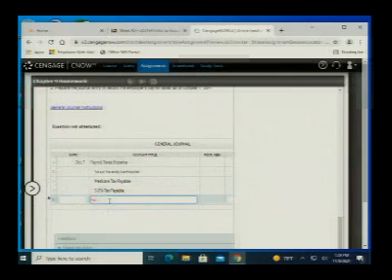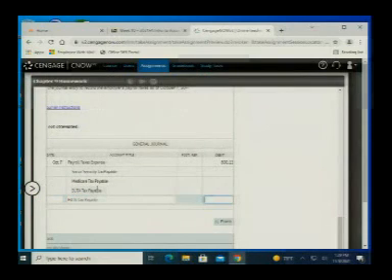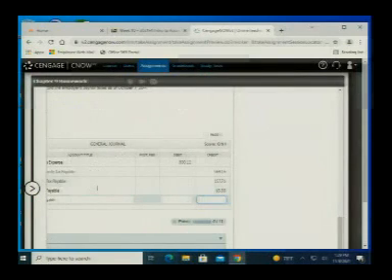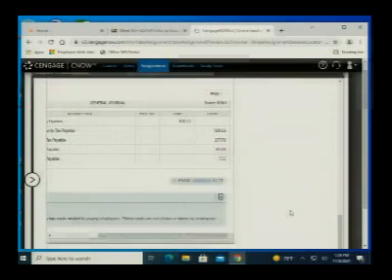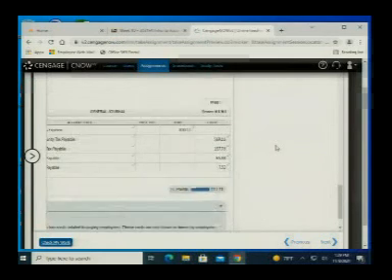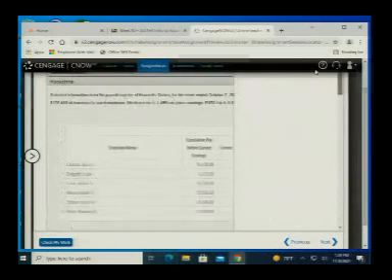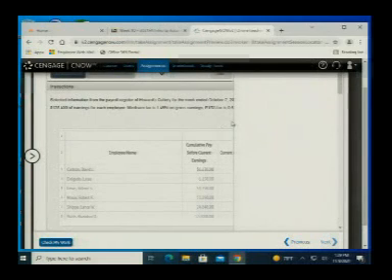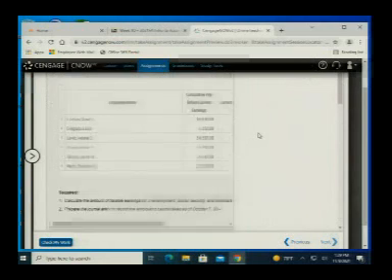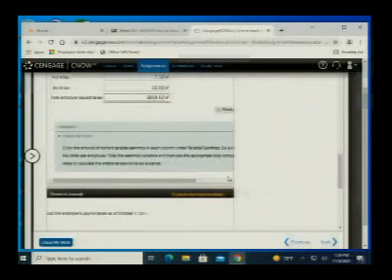And FUTA, $732. Check work, and we got all that one. I'm trying to figure out how to expand this, but it's not letting me expand it.